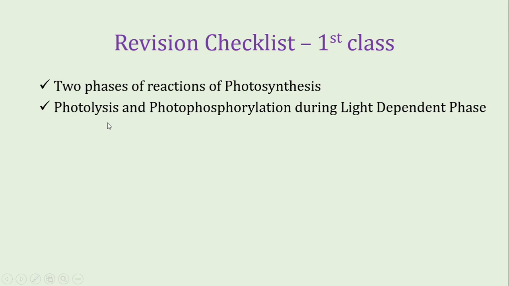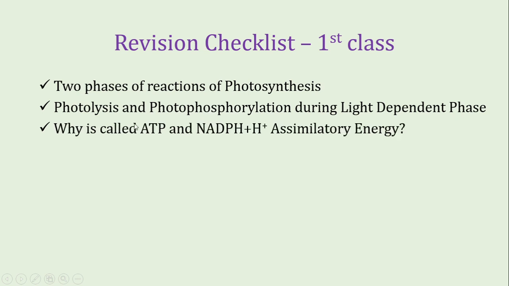Photolysis is the breakdown of water molecule, and photophosphorylation is the formation of ATP by the ATP synthase enzyme using the light energy from the sun. And we also know why ATP and NADPH are called the assimilatory energy, because they provide the necessary energy to assimilate the carbon dioxide to produce glucose during the light independent phase.